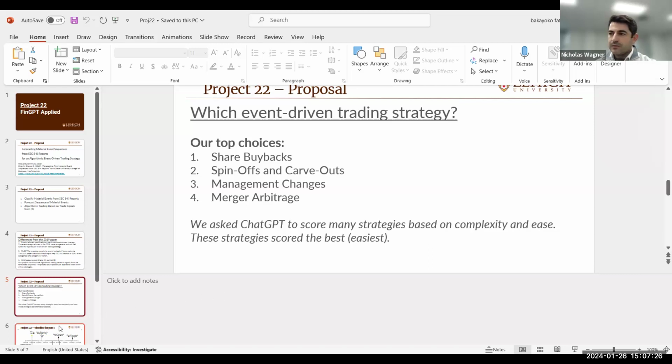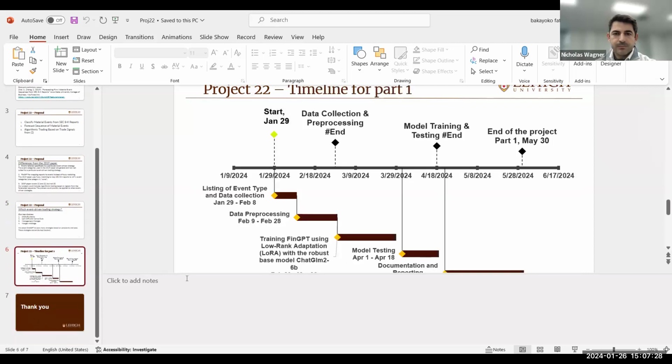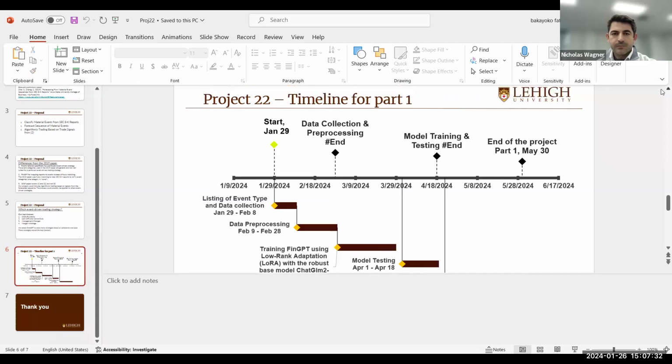Okay. Yeah. And then the next part is the timeline. If the project is accepted as it is, we estimated the end of part 1 to be on May 30. We will start from next week, Monday, and have around a month for the data collection and processing part, and to apply on Fin GPT will take another month.